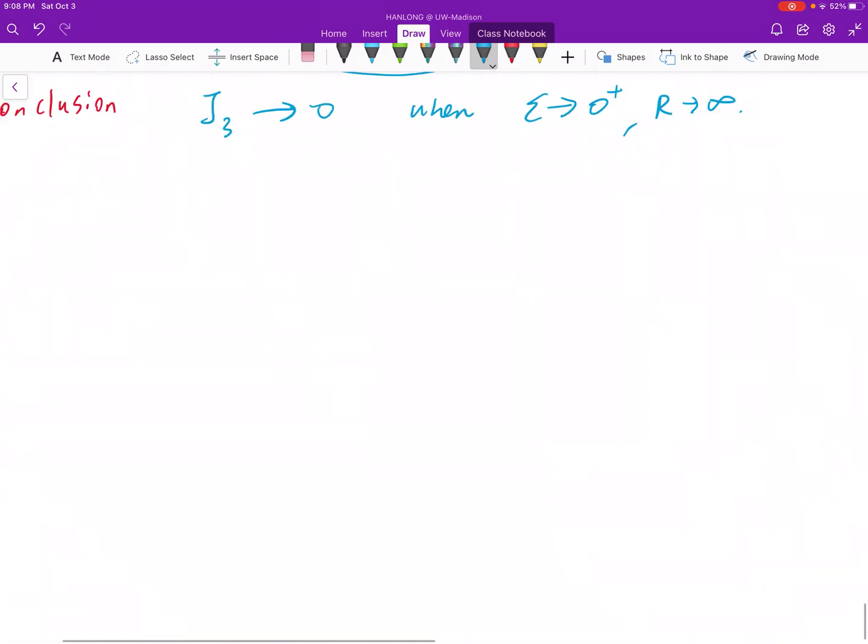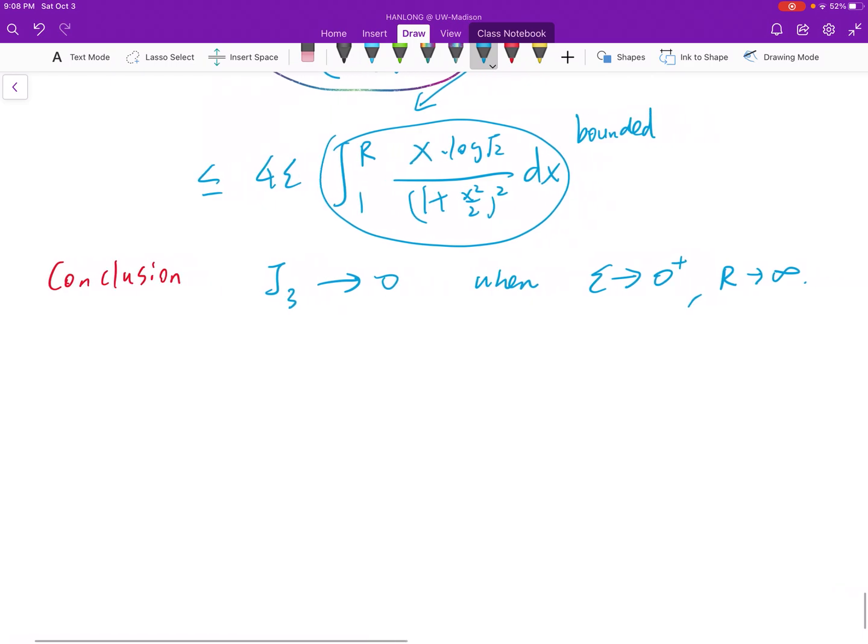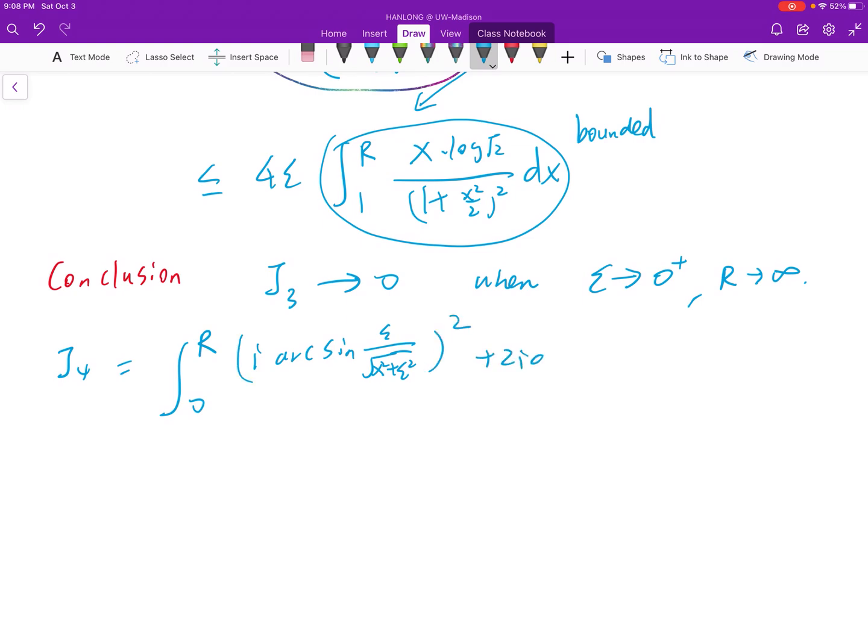J4 is the integral from 0 to R of i arcsin epsilon divided by square root of x squared plus epsilon squared, plus 2i arcsin epsilon divided by x squared plus epsilon squared, log of x squared plus epsilon squared.